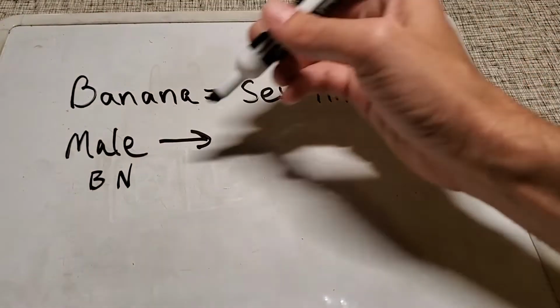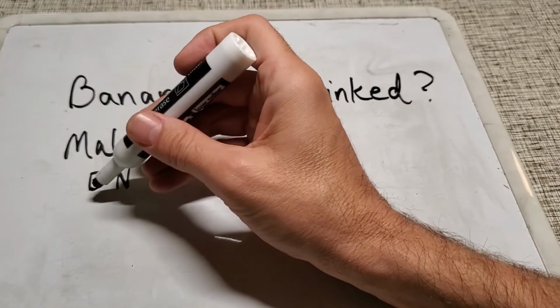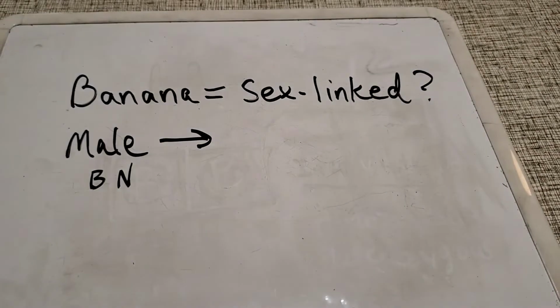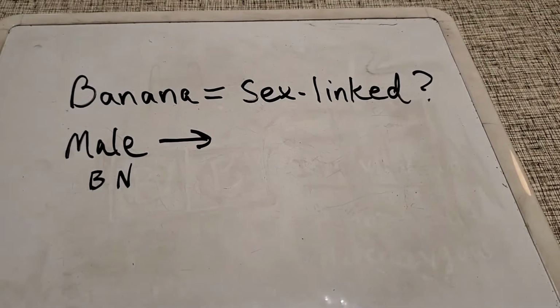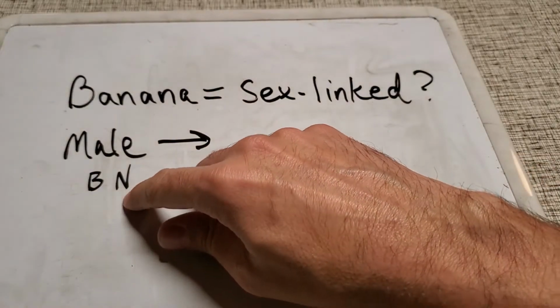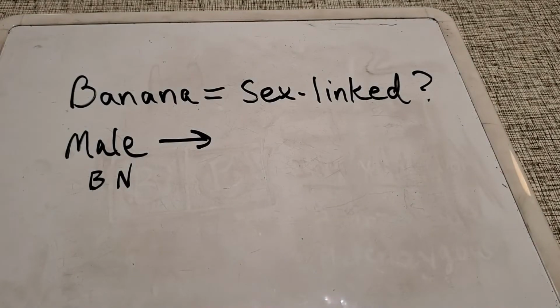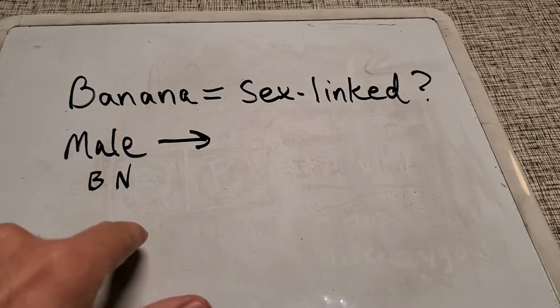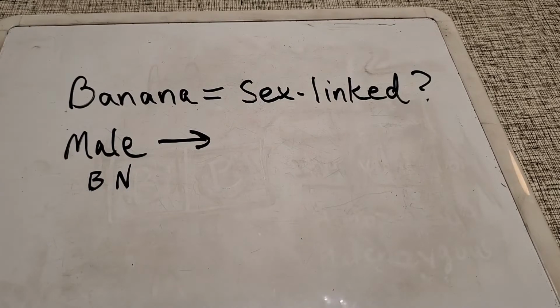What happens here is that all of the babies that are banana will be the same sex. They'll either be all males or they will be all females. And then the normals will be the opposite. If he makes male bananas, then all of his banana offspring will be males. All of his normal offspring or non-banana will be females, and vice versa.